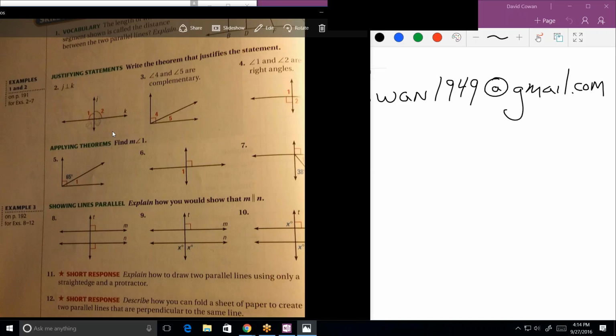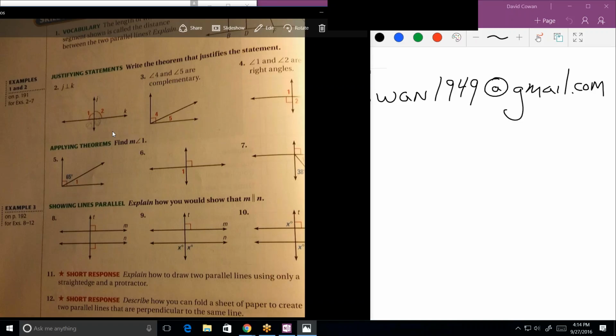Because K is a linear angle, as we can see, and angles 2 and 1, the measures are equal to each other. They're congruent. Angle 1 is equal to angle 2, and they're a linear pair, which means they both must be 90 degrees, right? That's the only solution.